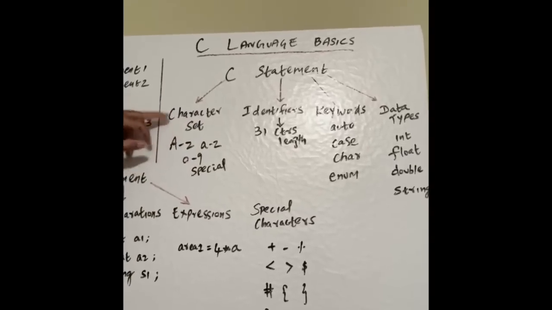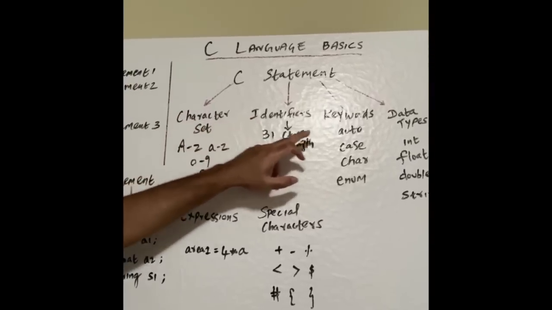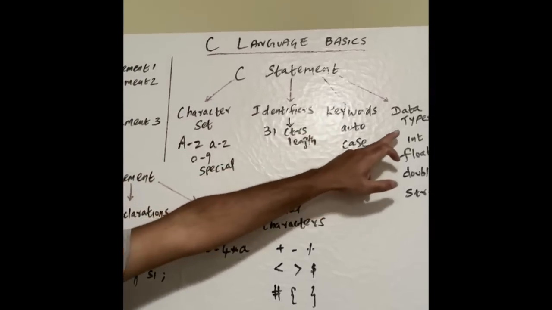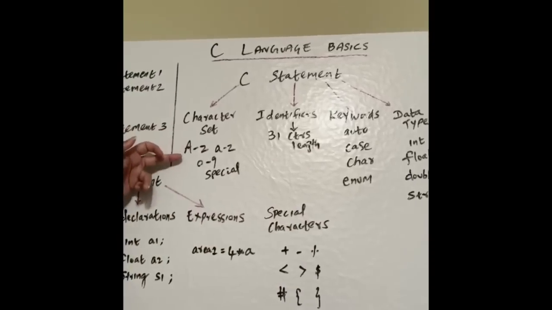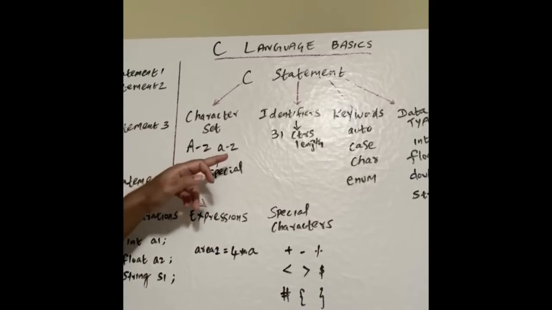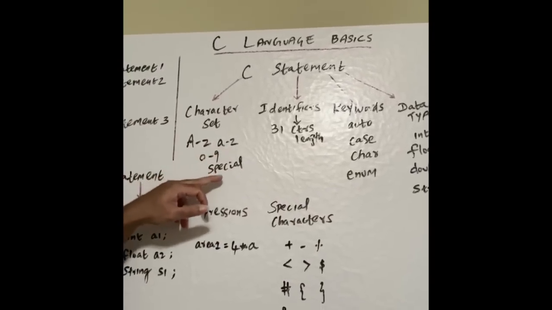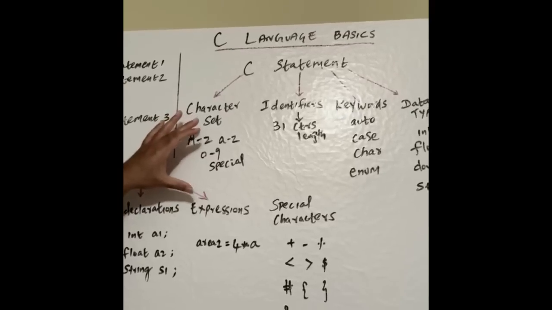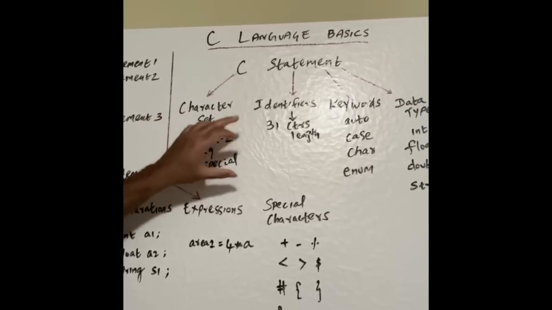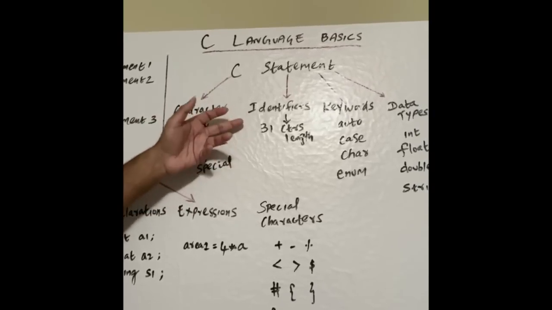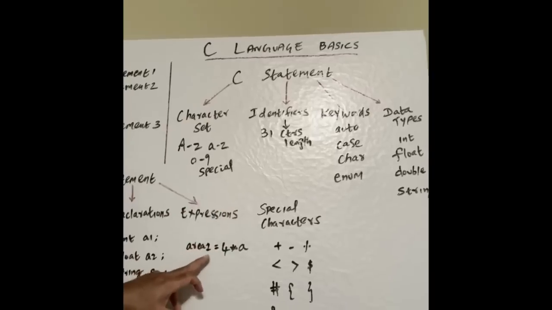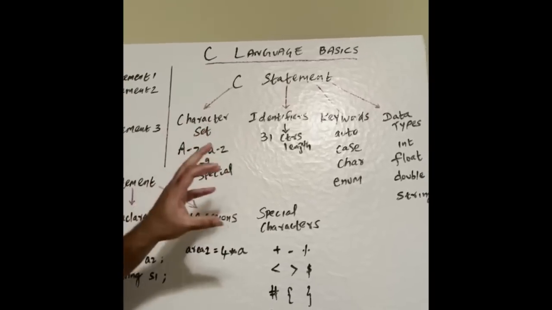It has a character set, identifiers, keywords, data types. For example, the alphabets A to Z capital letters, A to Z small, 0 to 9, special characters. That's the character set. Identifiers can be any name, for example, area1, that's an identifier to hold a value.